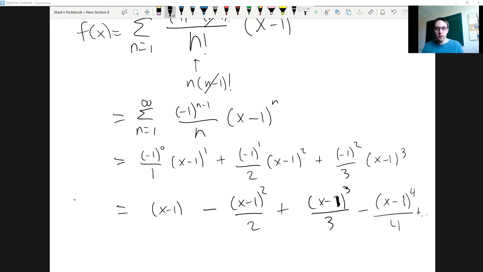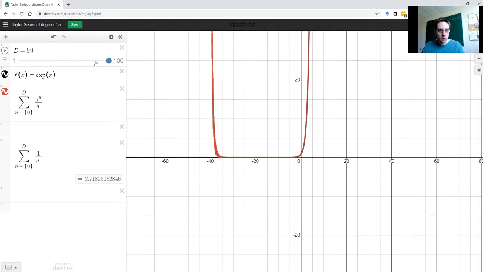We could look for the radius and interval of convergence, but we've done enough of those that I think I'm going to skip that. But let's actually look at a graph of this function. All right, so I'm going to go back to my Taylor series calculator. I'll graph the log of x. And our series we found, I'll plug in our formula.